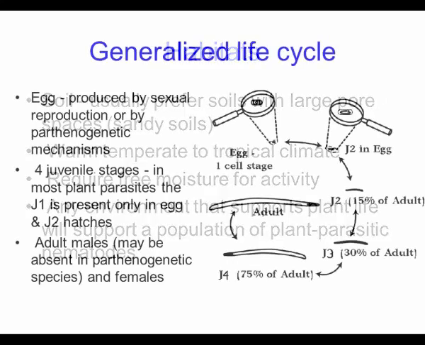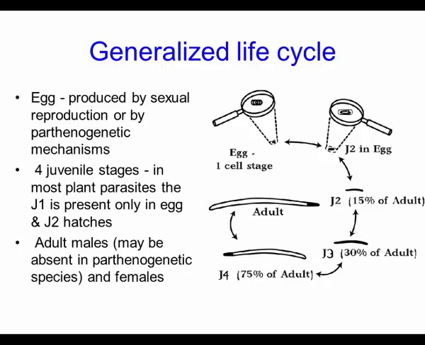In general, nematodes have a very simple life cycle. It begins with an egg, 4 juvenile stages, and the adults. Eggs, simple, start as one cell, go through normal cellular development through gastrula, blastula, etc., and molt and develop into the first juvenile stage.